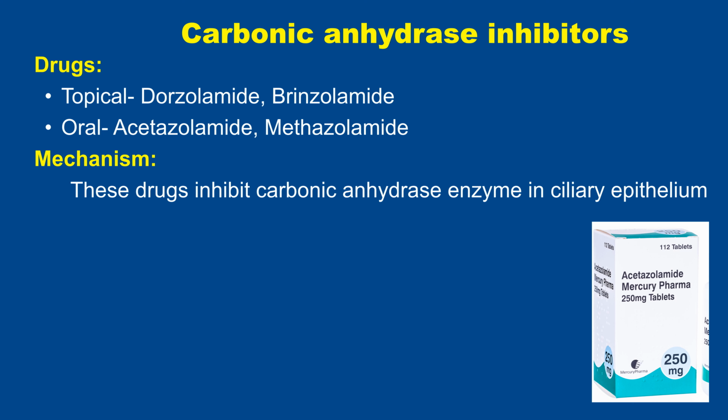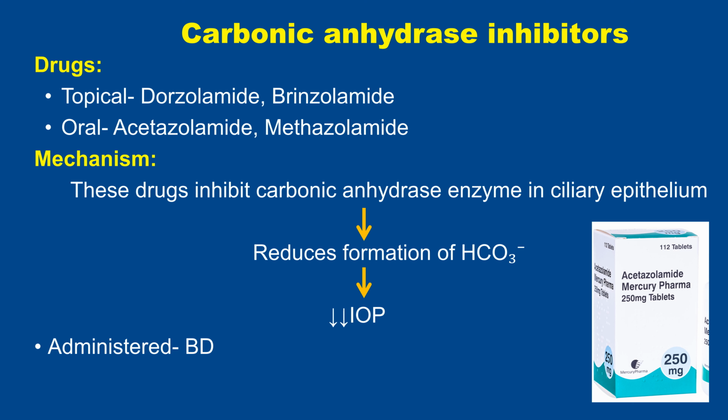As I discussed previously, the ciliary epithelium actively secretes ions like sodium, followed by passive secretion of chloride and bicarbonate ions. So the carbonic anhydrase inhibitors inhibit the carbonic anhydrase enzyme in the ciliary epithelium, which in turn reduces the formation of bicarbonate ions, and that contributes to reduction of IOP or intraocular pressure.